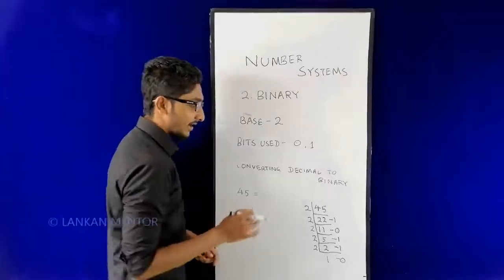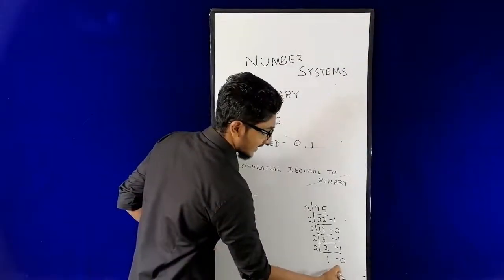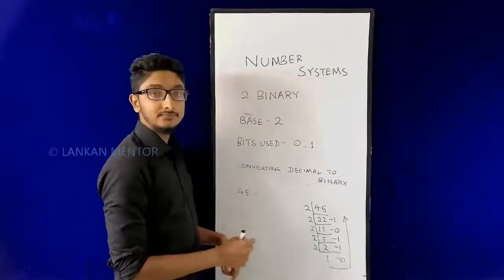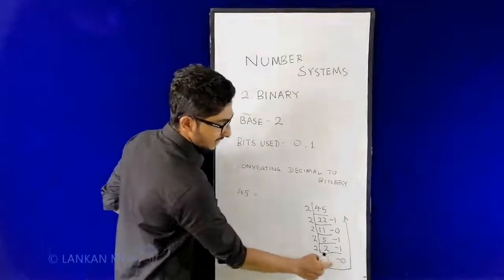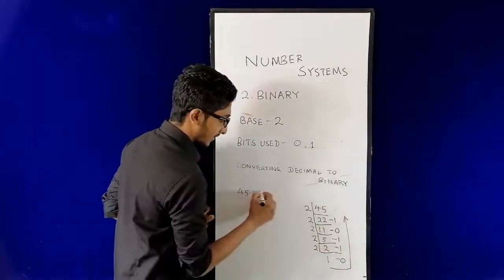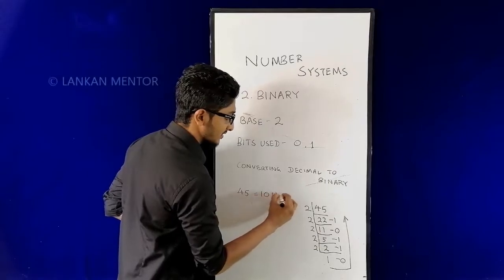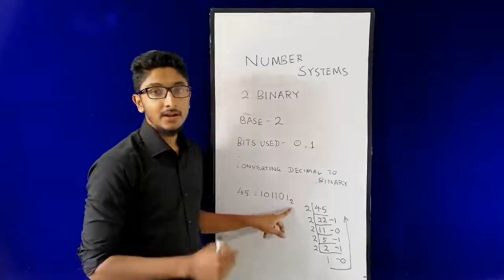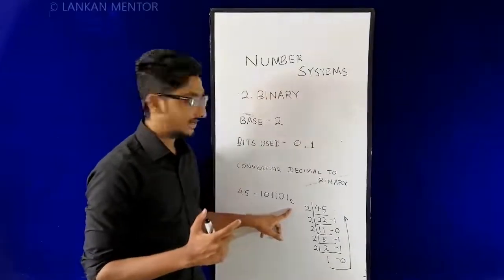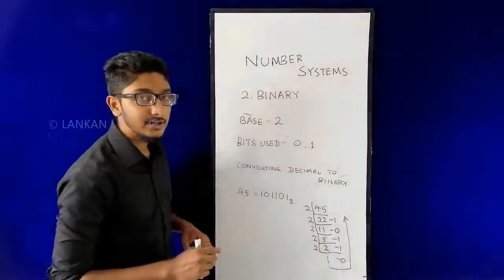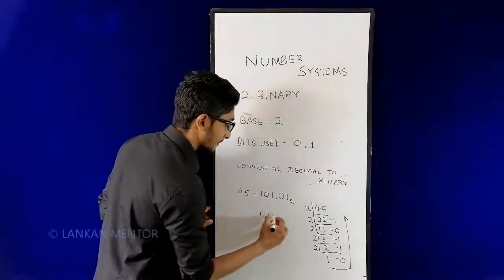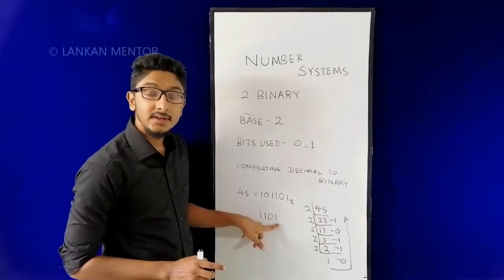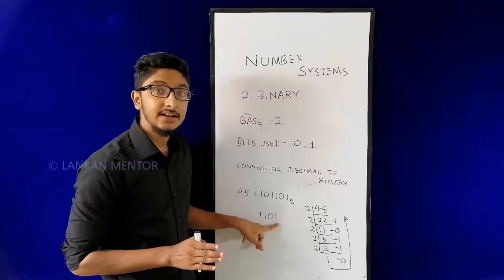Right? Okay. Now what we do is, we write the number like this, starting from below. It's like this: 1 0 1 1 0 1, base 2. This is very important. Base 2 is very important, because if you just write a number without a base, it is a decimal number.